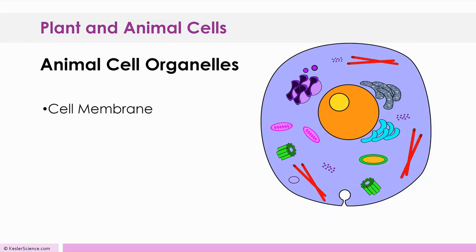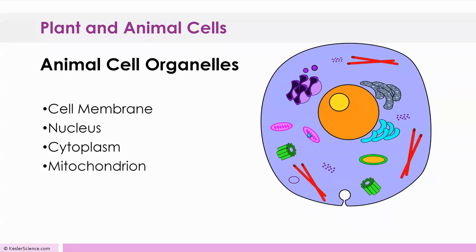It has a cell membrane on the outside. Then it has a nucleus on the inside, this orange circle. Cytoplasm is this stuff in between. Mitochondrion here, you can see the squiggly lines. And vacuoles. These vacuoles are here.